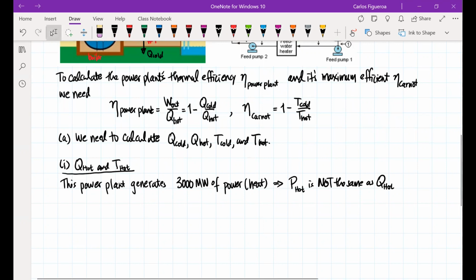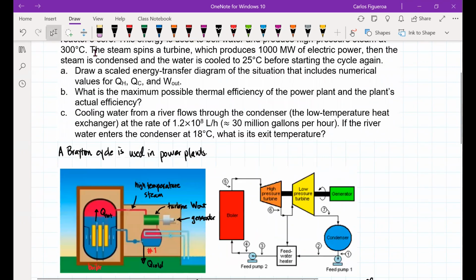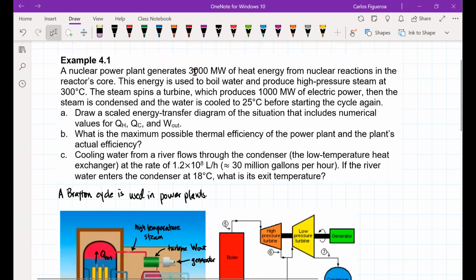And then note that this is all in the first sentence, right? It generates 3,000 megawatts of heat energy from nuclear reactions in the reactor's core.